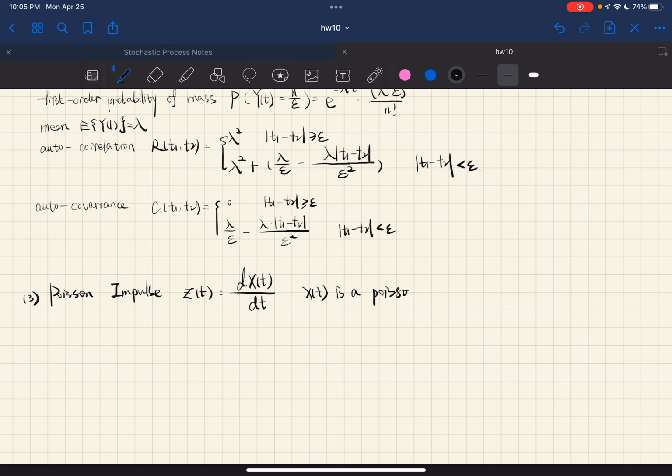It is derived from the original Poisson process, and it has no definition of the probability mass function. And the mean is also equal to lambda.